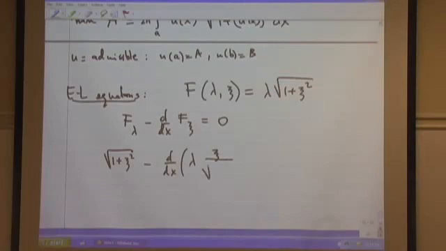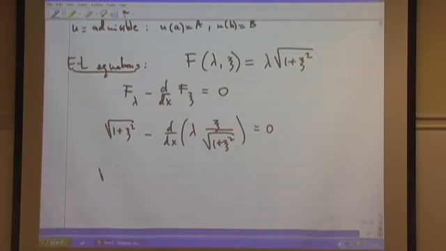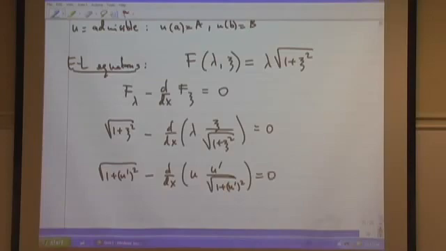Lambda xi over the square root of 1 plus xi squared. Okay? So, of course, you have to replace xi with u prime and lambda with u.